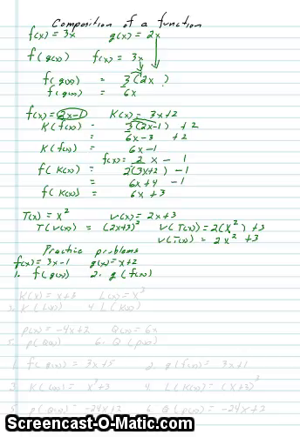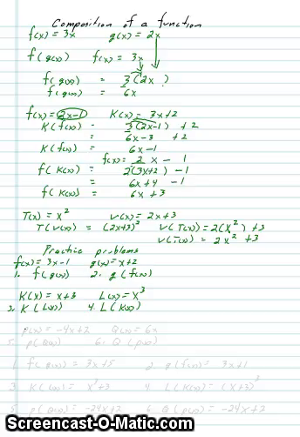For the next two practice problems, we'll have k of x, which is going to equal x plus 3, and L of x, which is x cubed. We'll do k of L of x and L of k of x. That's for practice problems 3 and 4.